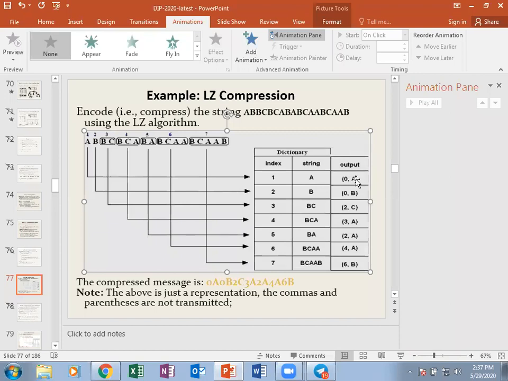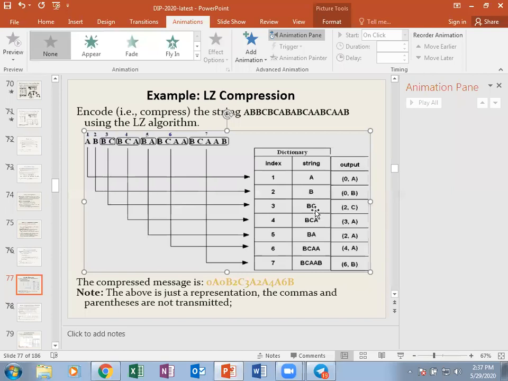Given 0A, what does it mean? We have a symbol called A with no prefix. So then we can take A only. The next symbol is 0B. Again, since the prefix is 0, with B there is no symbol added, so we can take B as it is.